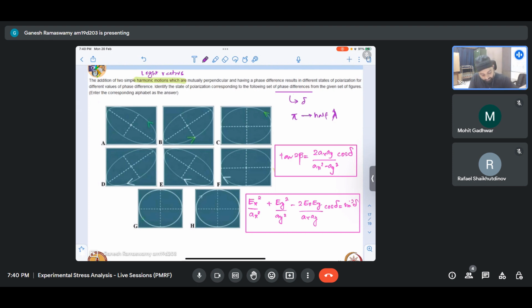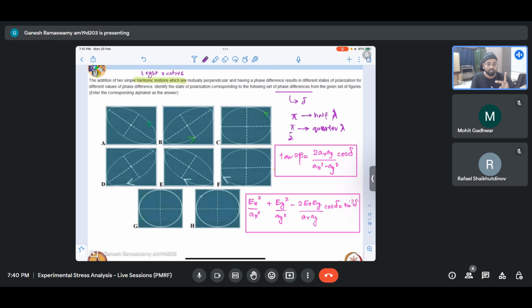Whereas if we were to introduce plates which have a quarter wavelength, I'm sorry, pi by 2 is a quarter of a 2 pi wavelength, so this is a quarter wavelength retardation. When we have that, the fast and slow axes of our crystal plate, which is introducing quarter wavelength, coincide with the axes of our light ellipse.